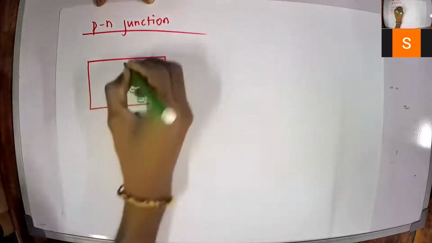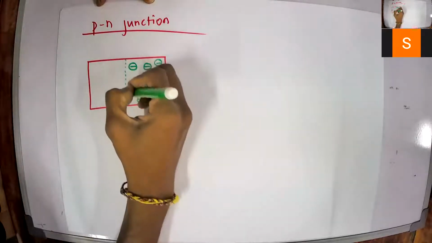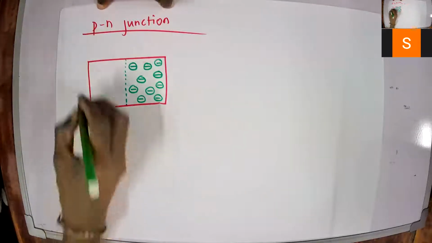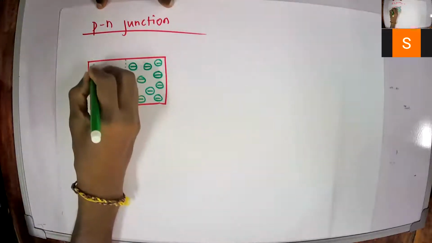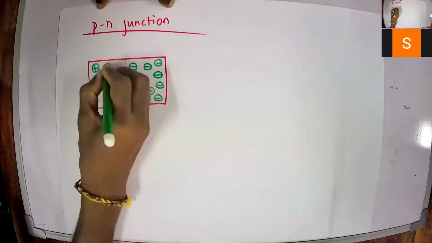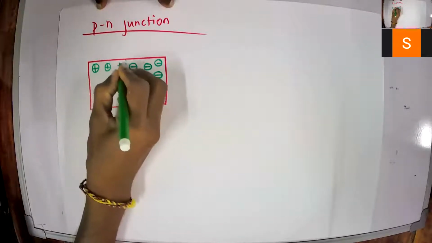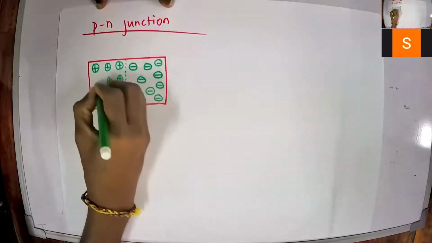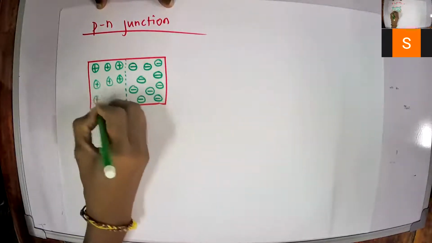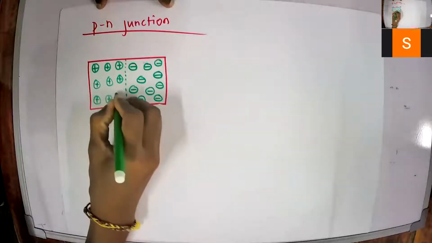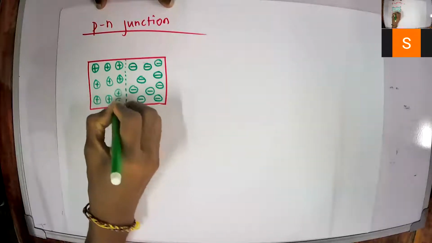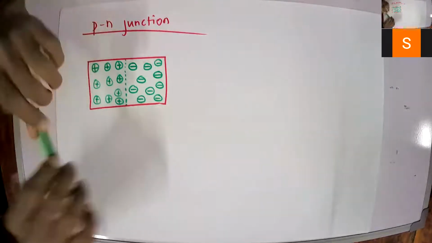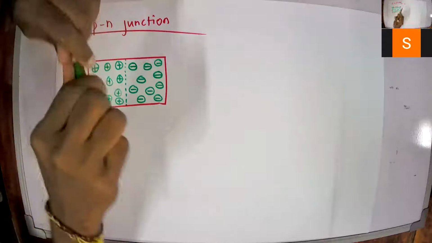And then what I am doing is diffusing p-type into the next side, and that becomes positive charges, an excess of holes. Clear, right? There will be an excess of holes.